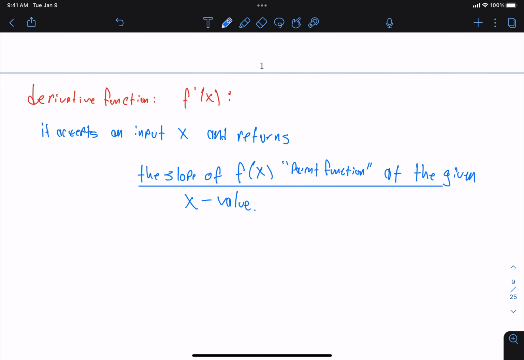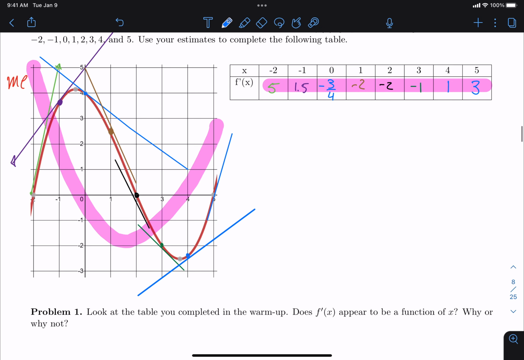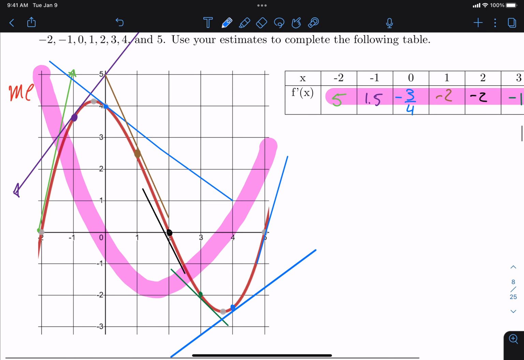Okay? So let me show you what I mean on the previous graph. In this case, f prime of -1 is equal to 1.5.